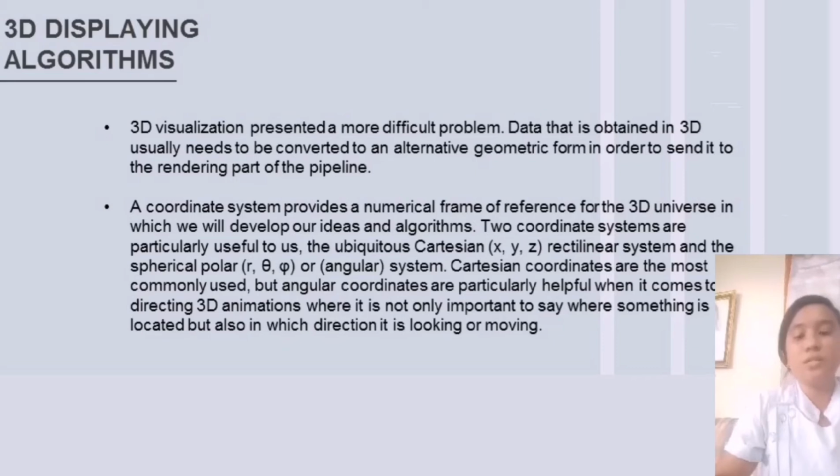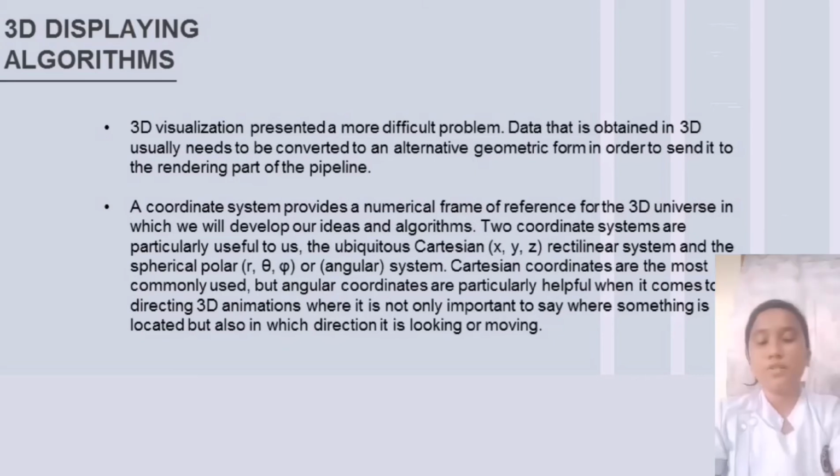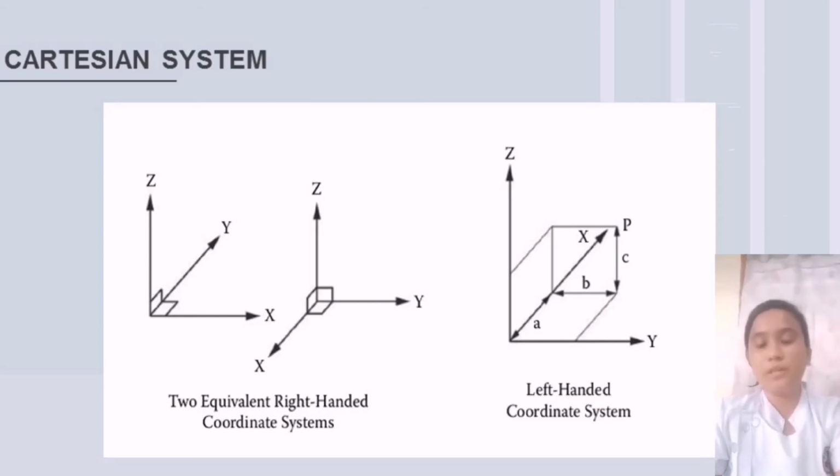Cartesian coordinates are the most commonly used, but angular coordinates are particularly helpful when it comes to directing 3D animations, where it is not only important to say where something is located, but also in which direction it is looking or moving.